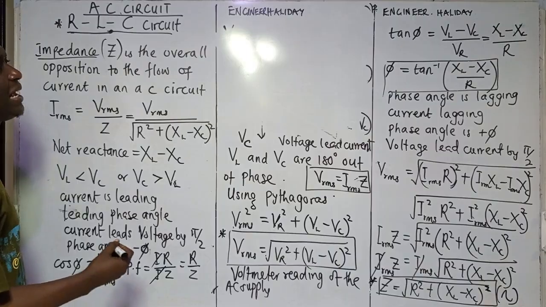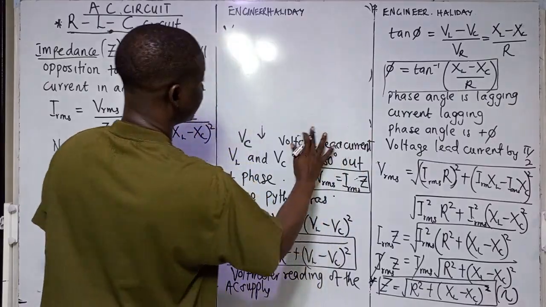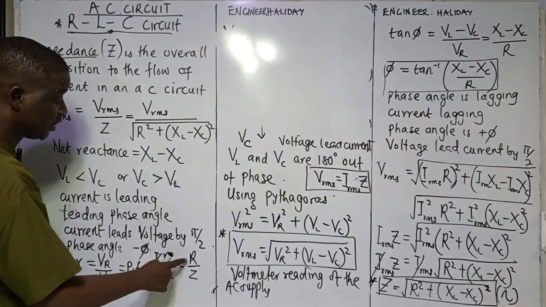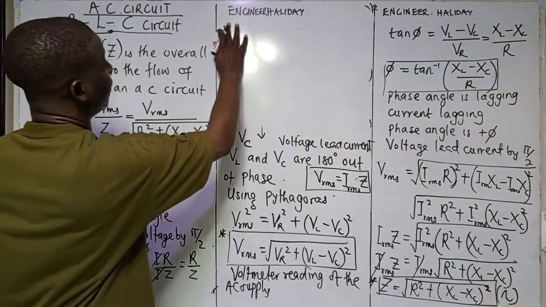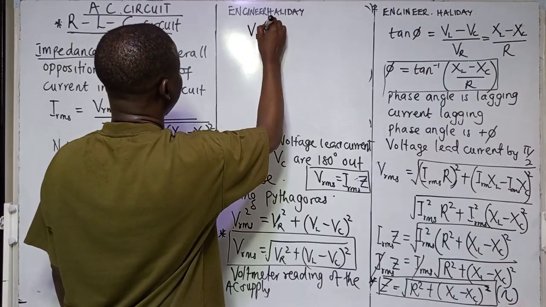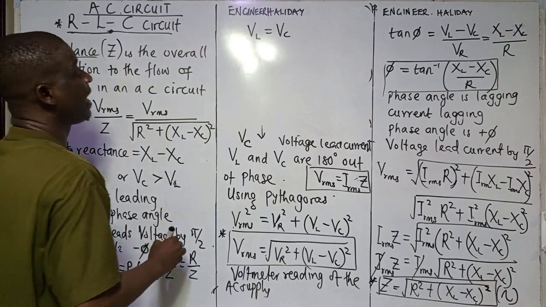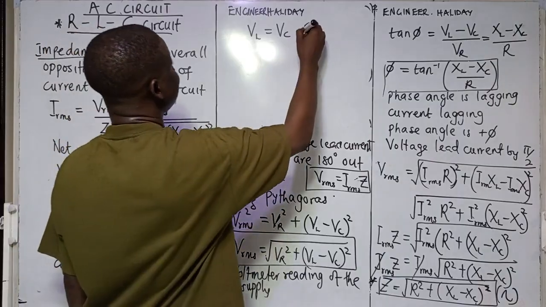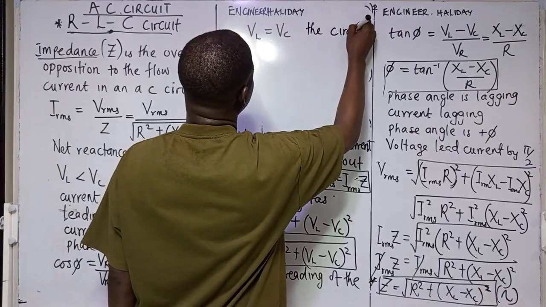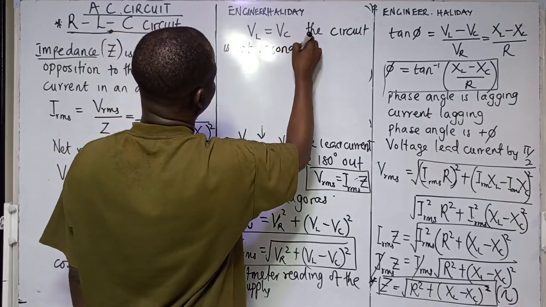Okay, power factor is 1. Now let's observe something here. If I have power factor equal to cos phi, which is simply R over Z, now let's say in the case where VL is equal to VC, it now means that the circuit is at what they call resonance.